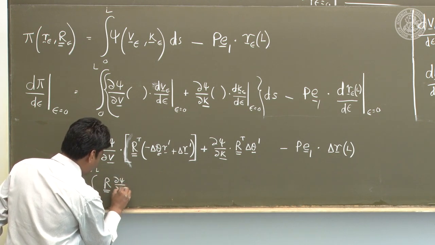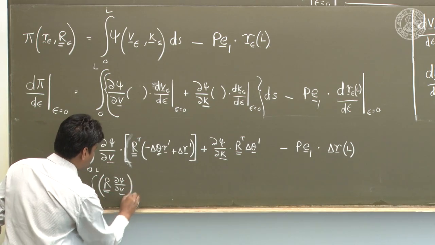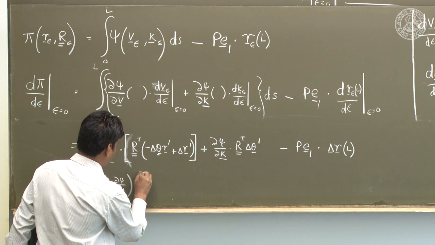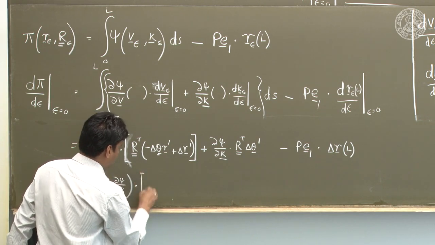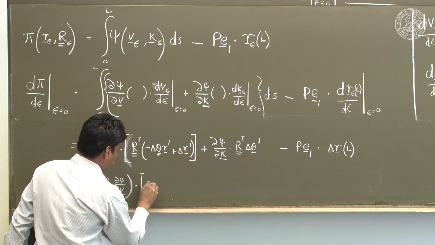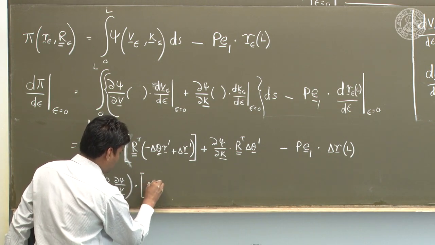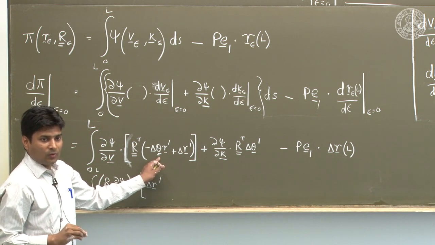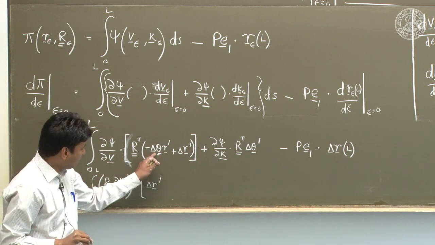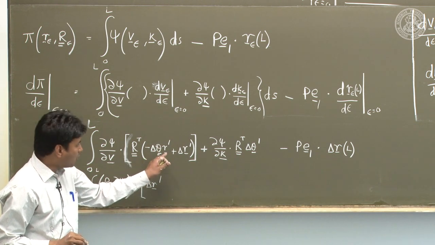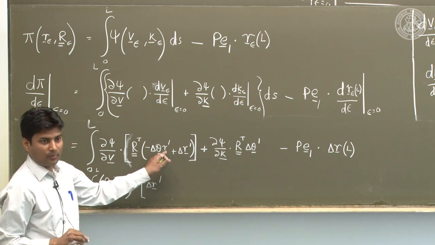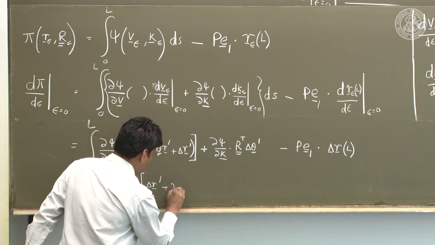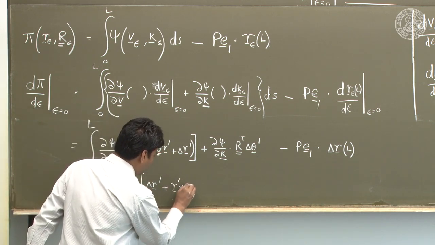del psi over del V dot this thing within the bracket. So we have one delta little r prime and this thing, which is minus of delta theta cross small r prime, which is same as small r prime cross delta theta.